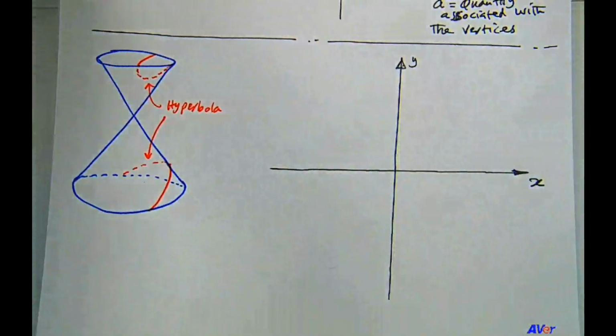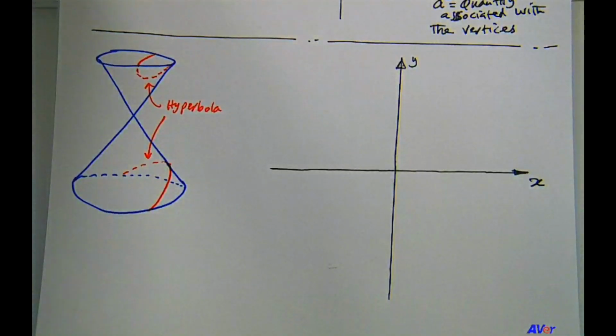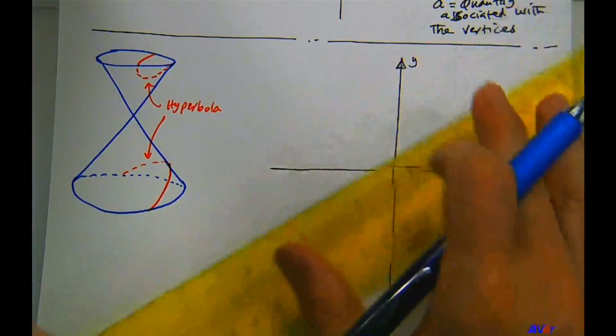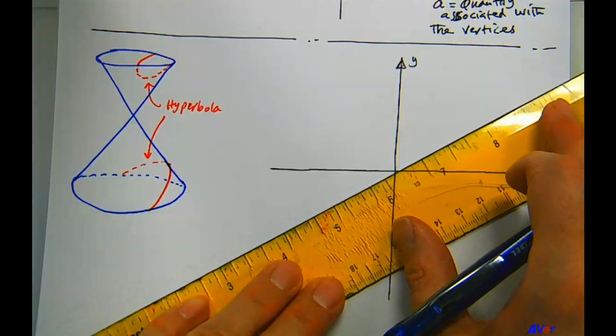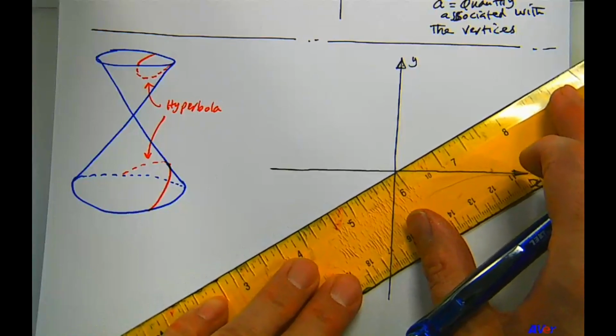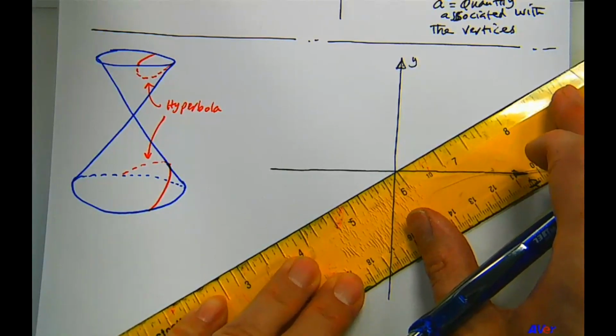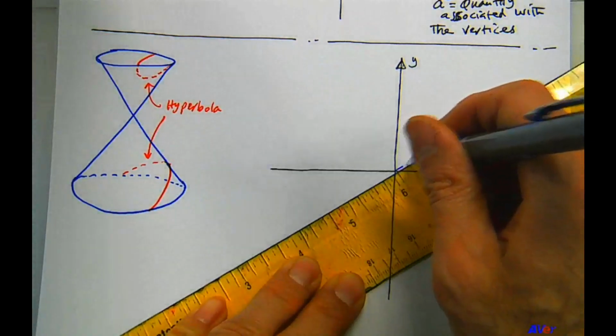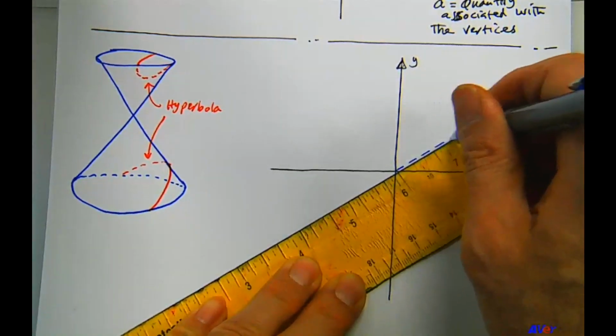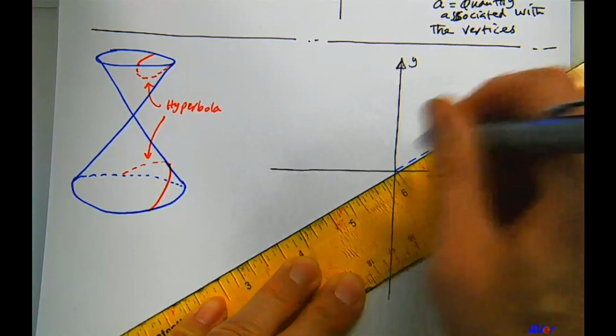We always have a set of asymptotes going through the origin for a hyperbola that has its center at the origin.